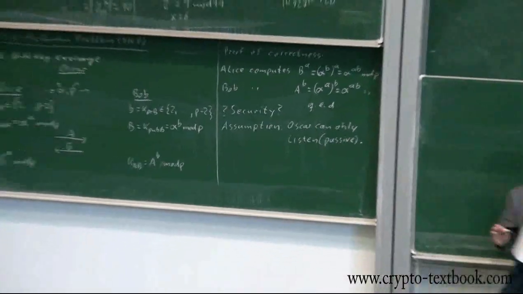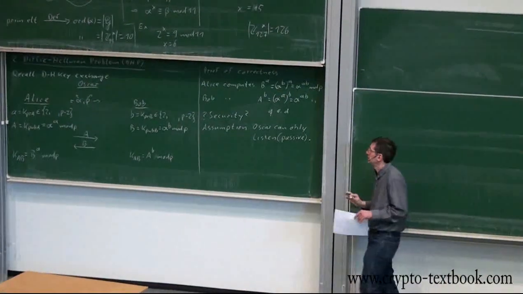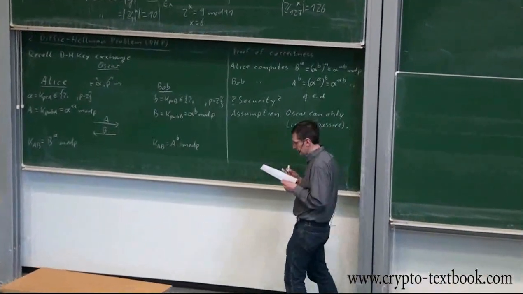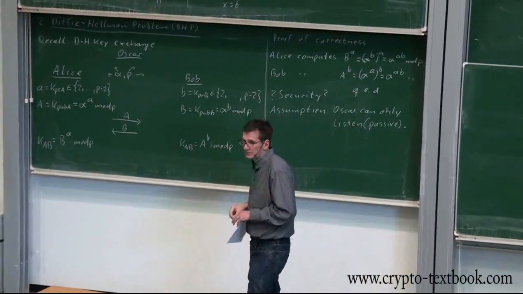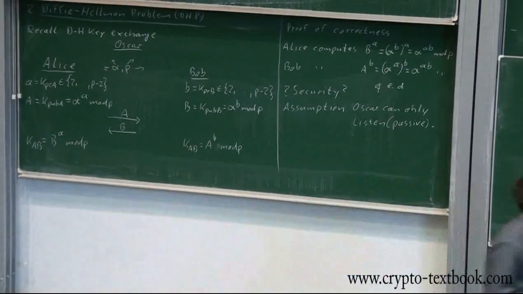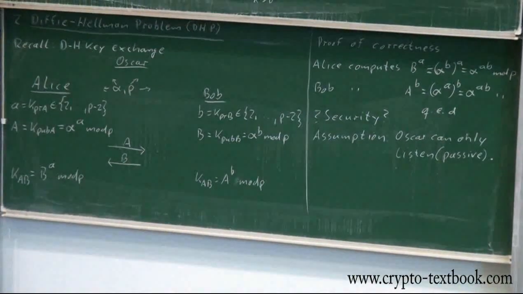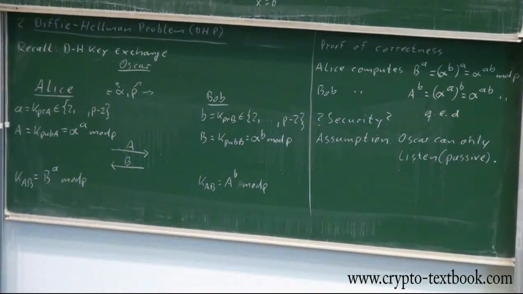This is a passive attacker. An active attacker is somebody who can manipulate messages. Okay? So, what does Oscar know? And I haven't used colors for 30 minutes, so let's start using colors. So what does Oscar know?